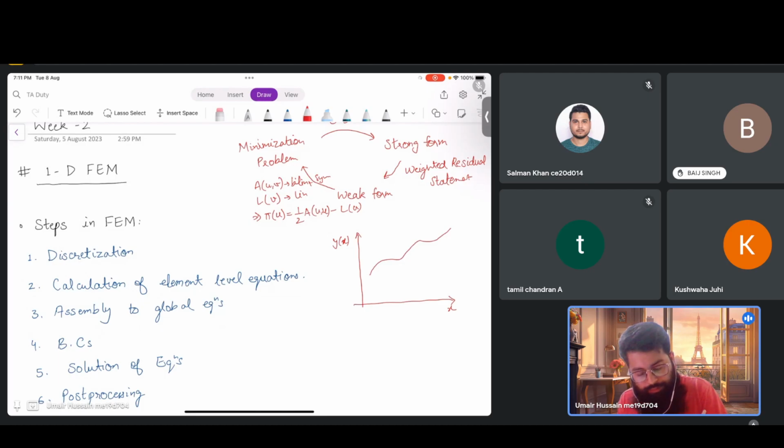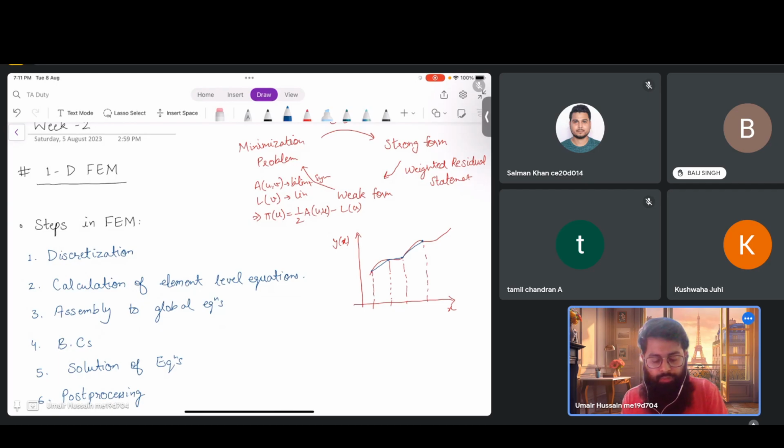In FEM, what we do is we break it into elements and try to approximate the solution between each element. If we are assuming linear approximation, our solution should go between these, like this and like this. That's the case of linear approximation. If you are taking quadratic approximation, you will see we get closer to the exact solution.